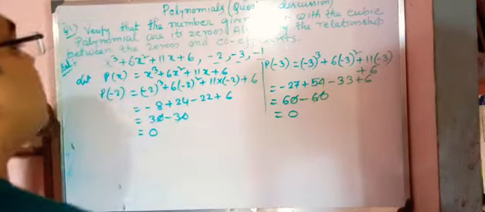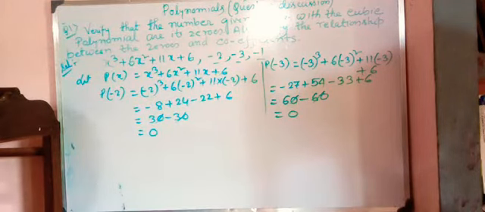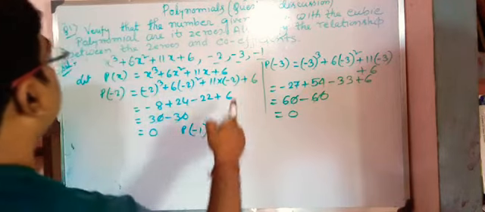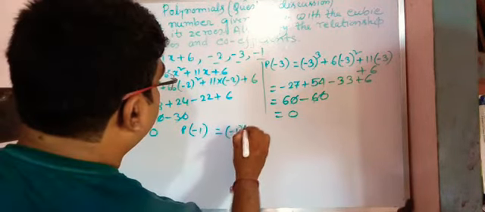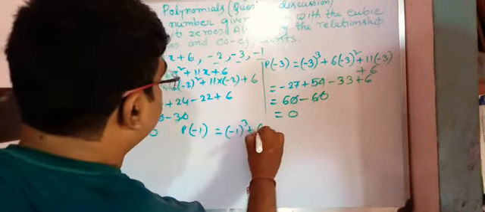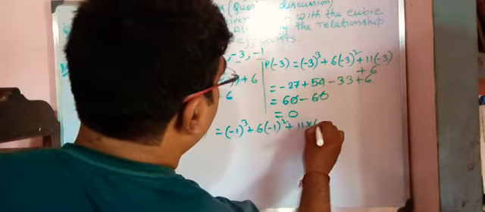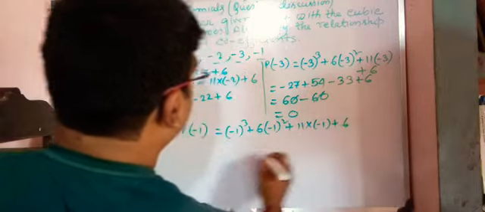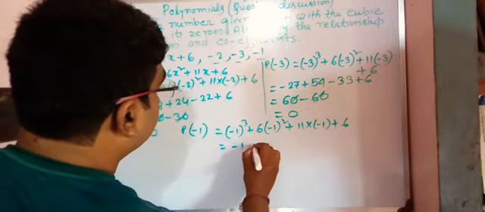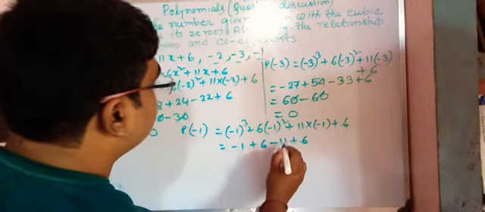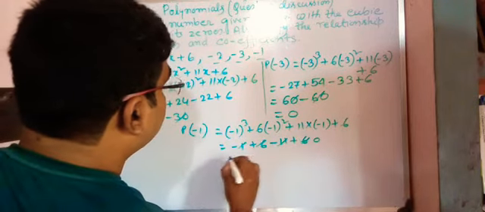So obviously -3 is also a zero. Next P(-1). P(-1) equals (-1) cube plus 6 into (-1) square plus 11 into (-1) plus 6, that is -1 plus 6 minus 11 plus 6, which becomes 0.